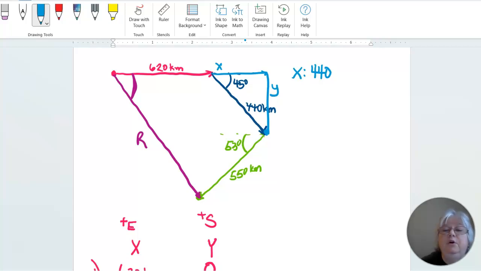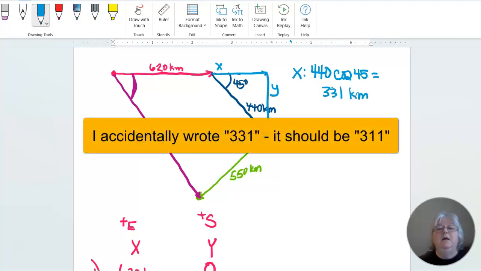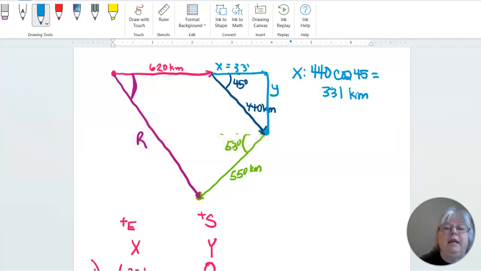Specifically, I'm going to use the cosine function because that 45 degrees touches the x side of my triangle. And I'm going to hit that into my calculator. 440 cosine 45 gives me 311 kilometers.